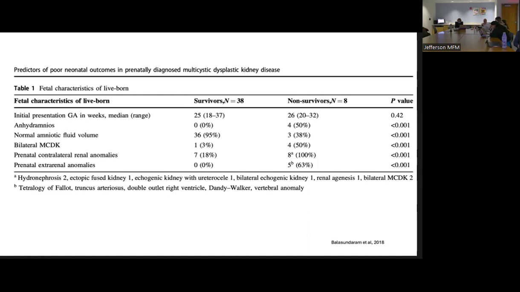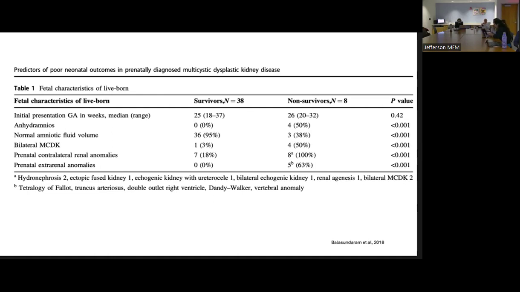There was no difference in median gestational age between the survivors and non-survivors. Initial presentation was 25 weeks for the survivors, 26 weeks for the non-survivors. Amniotic fluid was normal in 95% of the survivors, but only 38% among non-survivors.